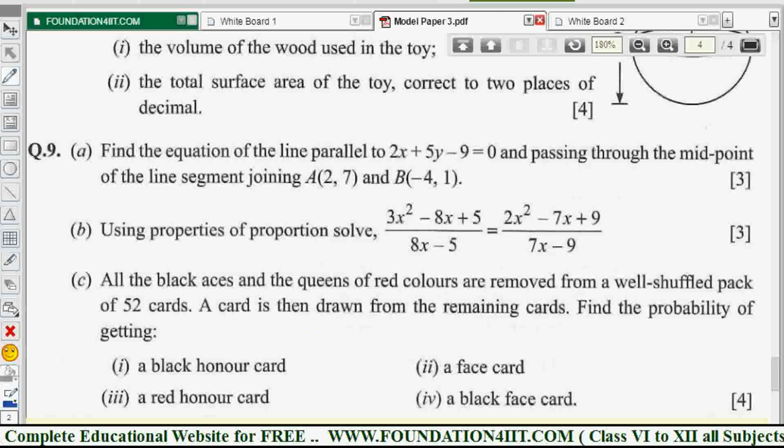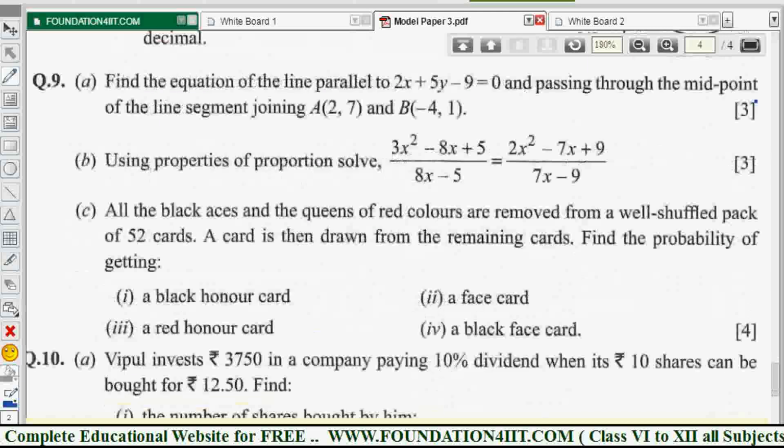Now let us see question number 9 and solve these problems. In question number 9, the first one is to find the equation of the line parallel to 2x plus 5y minus 9 equal to 0. We need to find the equation of the line which is parallel to this and passing through the midpoint of the line segment joining A(2, 7) and B(-4, 1).